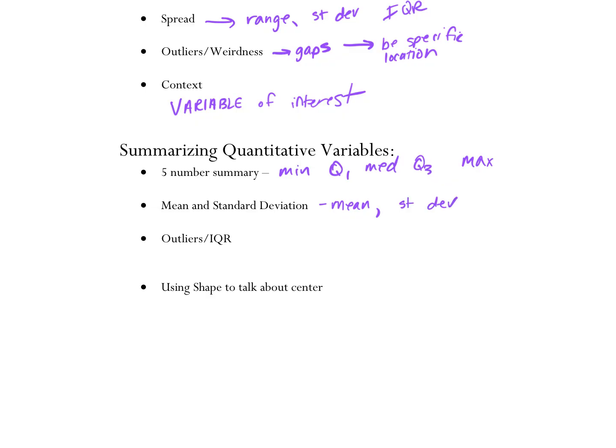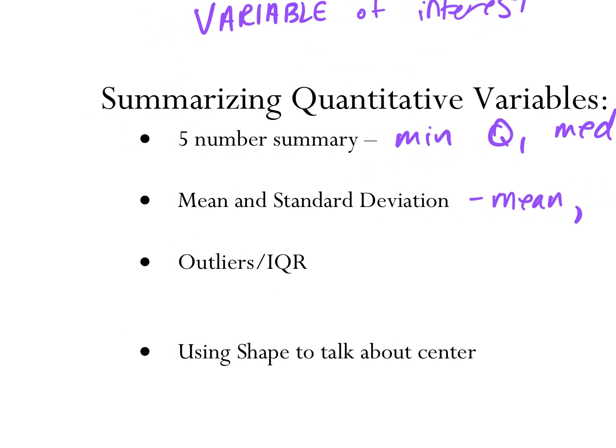So typically, the 5 number summary is what we use with asymmetric distributions. And the mean and the standard deviation we use for symmetric. Okay?